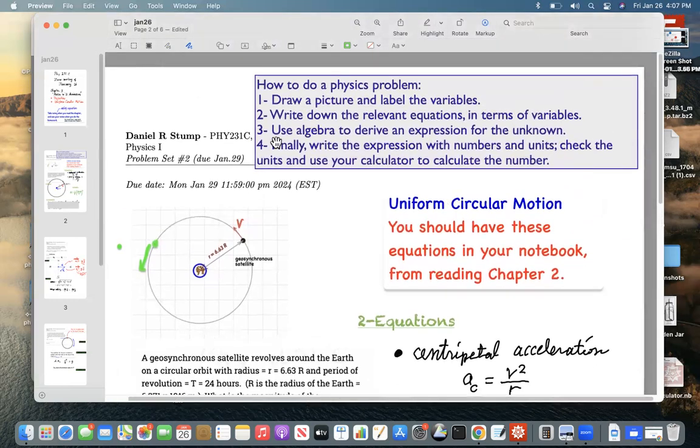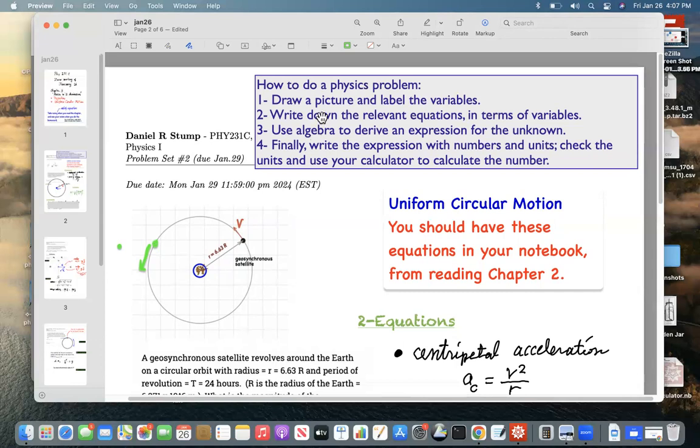All right, now here's how to do a physics problem. Step one, draw a picture and label the variables. Now in this problem, you already have a picture, but you should draw your own picture in your notebook. Step two, write down the relevant equations, not putting in the numbers that are given in the problem, but in terms of variables.